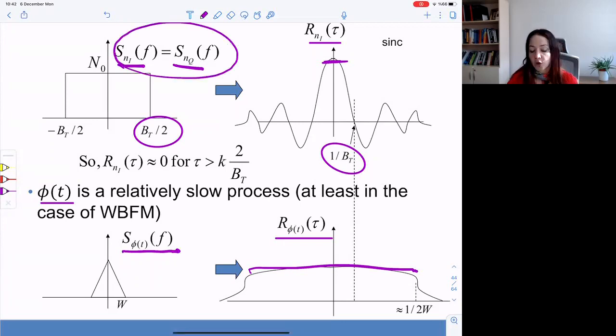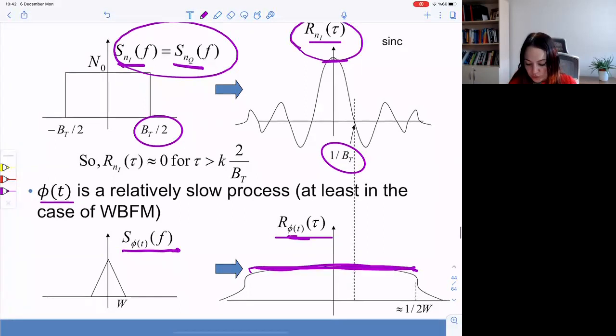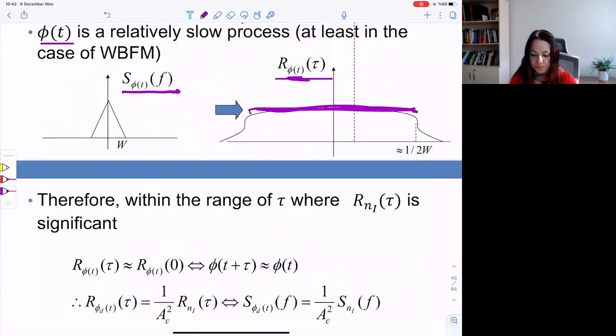In other words, since this impulse response really is not an impulse response, but it is an autocorrelation function, the autocorrelation function decays to 0 before this autocorrelation function changes. Okay? So this means that the noise becomes uncorrelated before this phi of t changes.